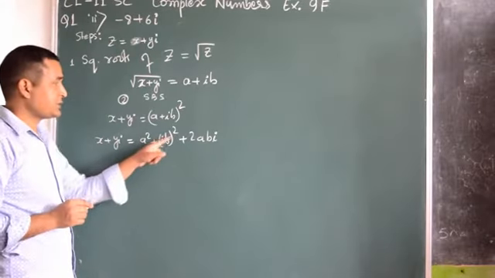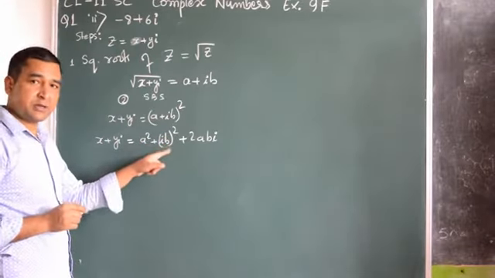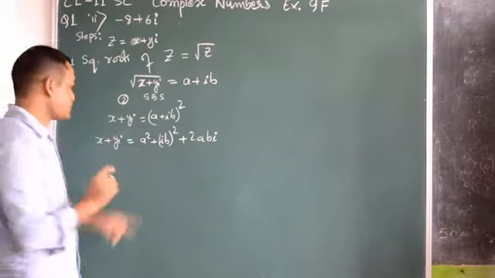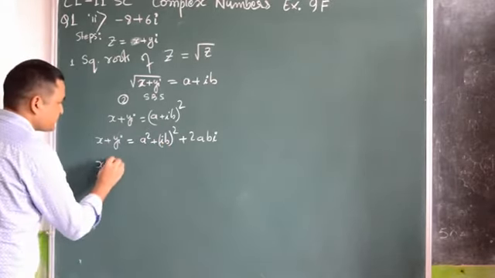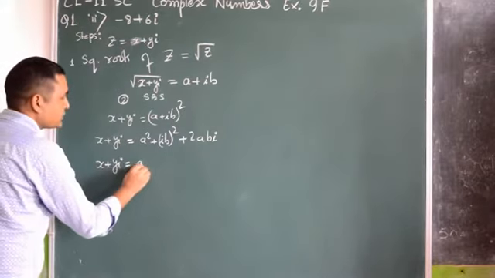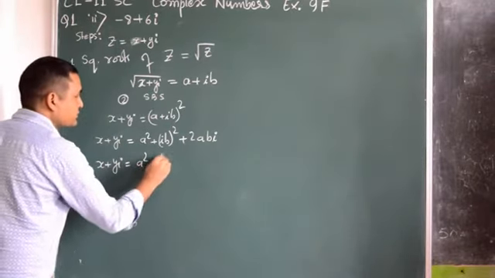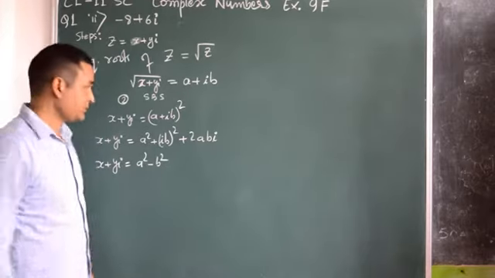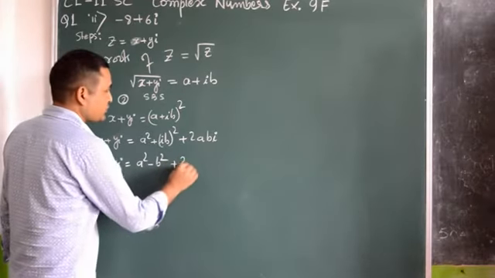Separate this square, this is square for i as well as for b. Then i square is minus 1. So x plus iy equals a square minus b square plus 2abi. Got it?